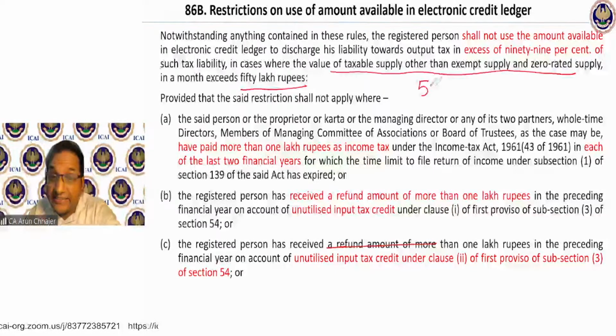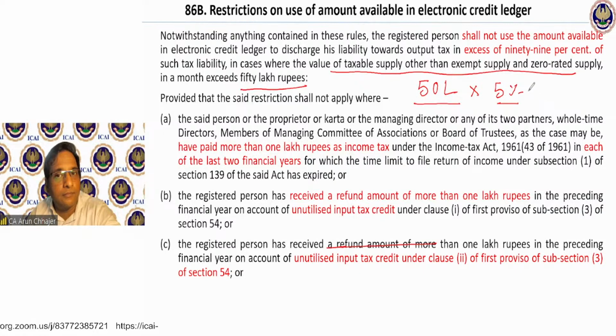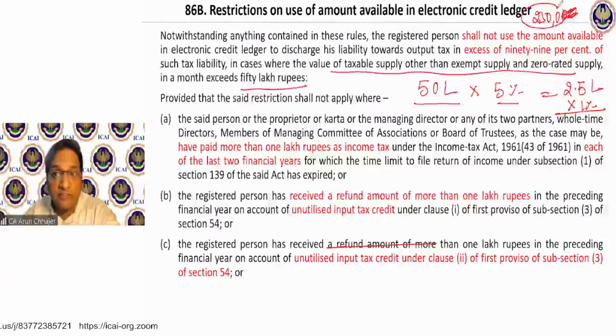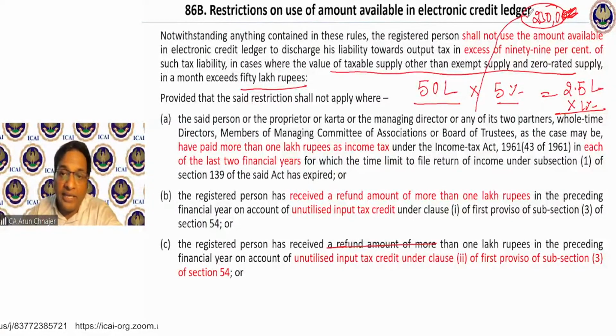So if my taxable supplies exceed 50 lakh, let's say my tax percentage is 5%, so I can say 2.5 lakh is my tax liability. 1% of my tax liability means 2,500, right? 250,000 is my tax liability. 1% means 2,500 I have to pay in cash.